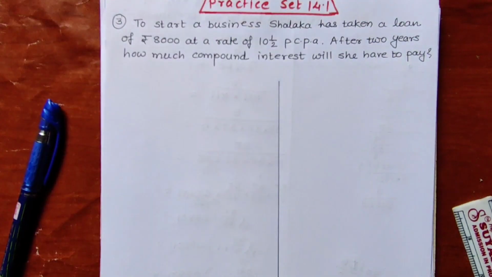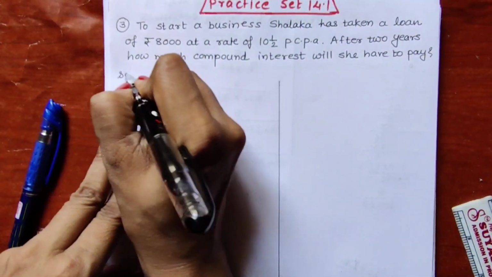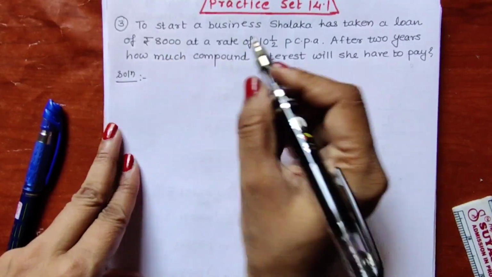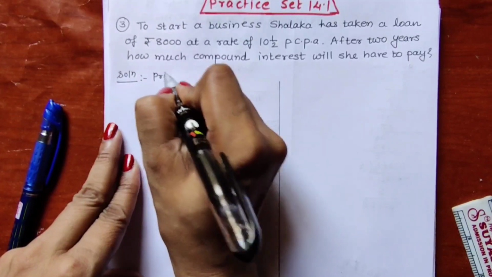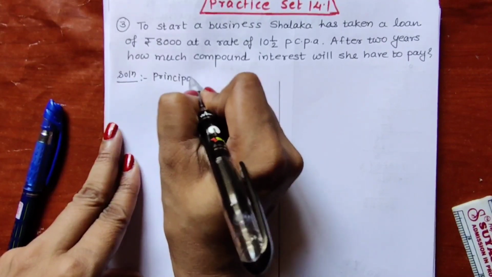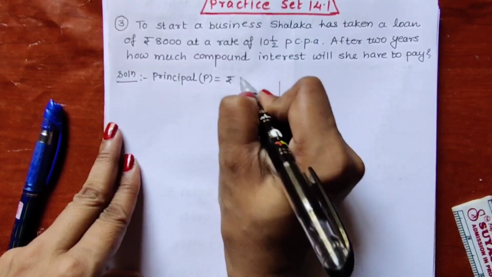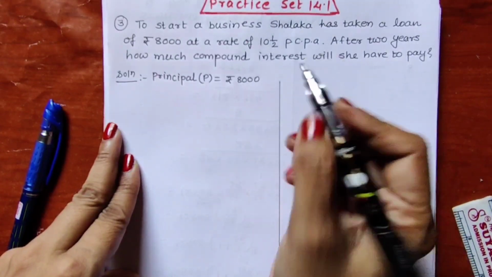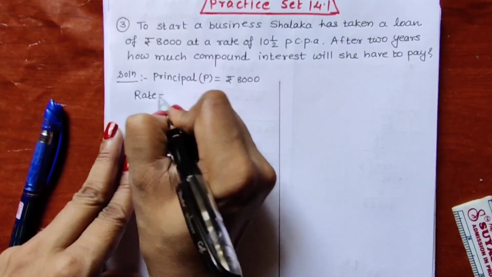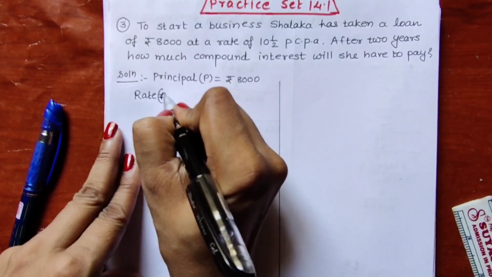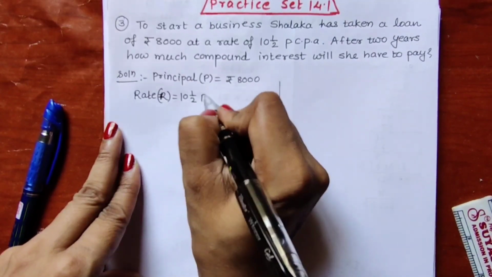So let us start our solution while writing the values. Solution. We will start by writing the values. Principal P is equal to rupees 8,000. Then rate of interest R is equal to 10.5 percent per annum.